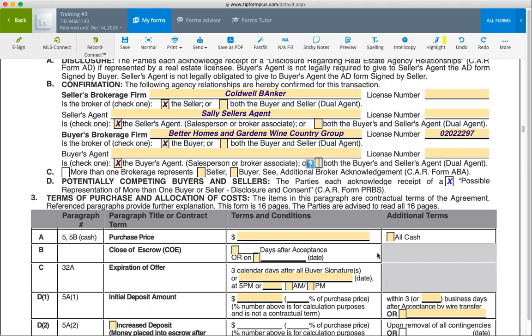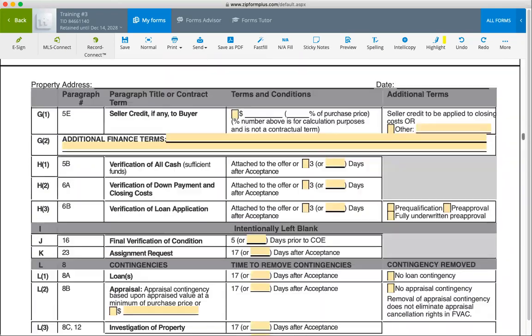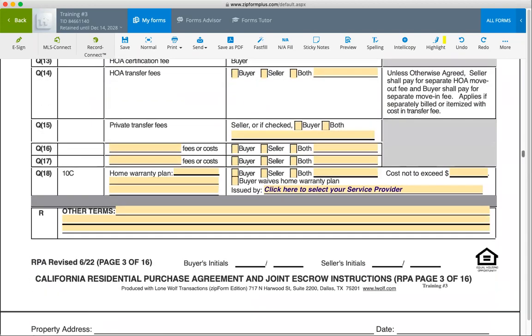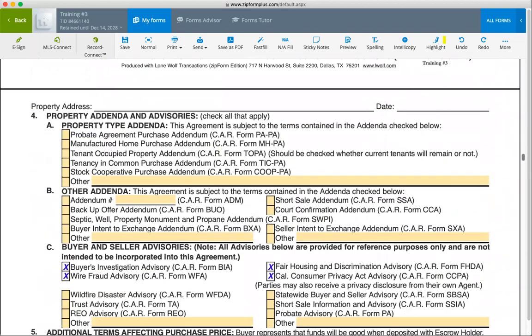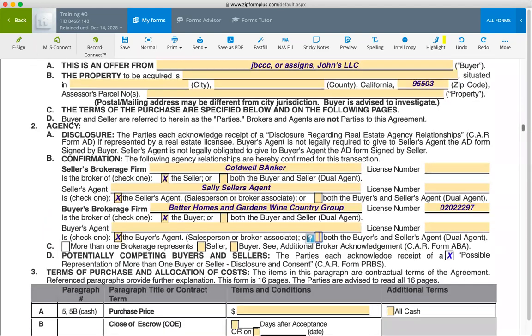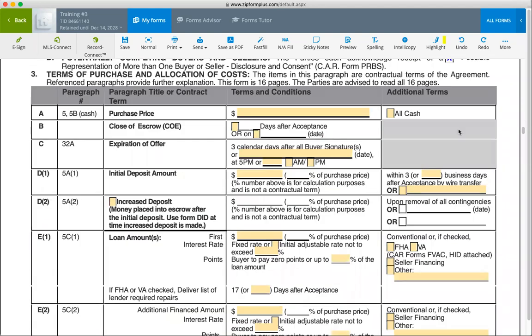So now we get into what we call the grid. And this is new in 2021. It was amended as recently as June of this year. But the grid, in my experience, I think the grid is helpful.